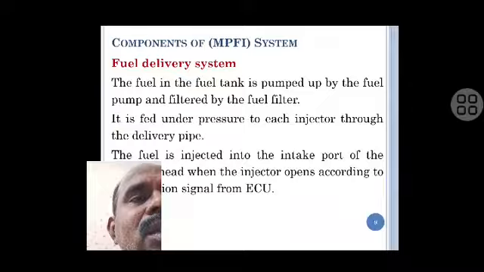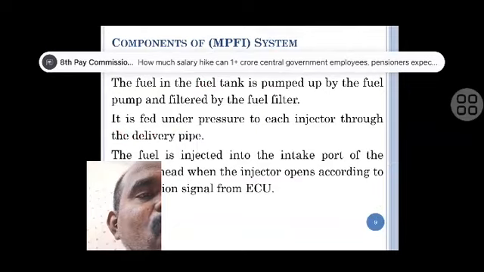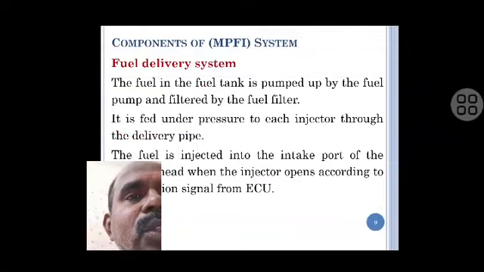Fuel delivery system. Fuel in the fuel tank is pumped up by the fuel pump, filtered by the fuel filters, then fed under pressure to each injector through the delivery pipe. The fuel is injected into the intake port of the cylinder and the injector opens according to the signal from the ECU.